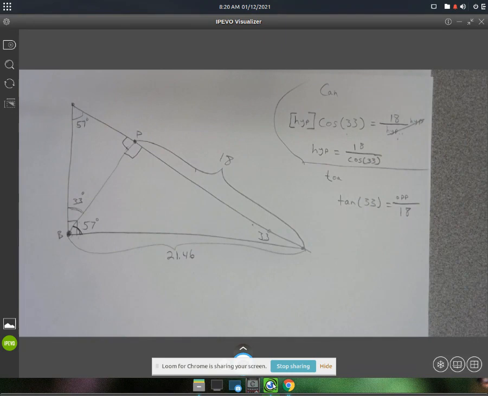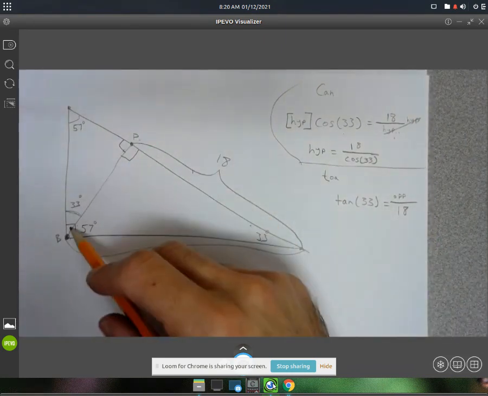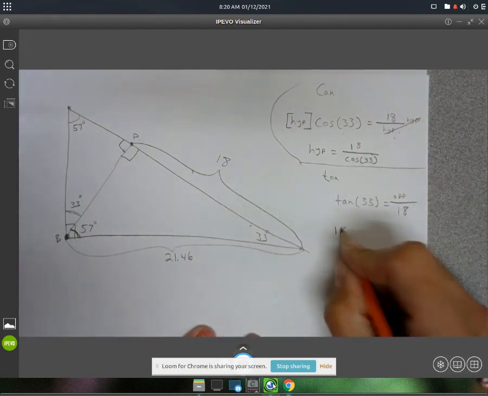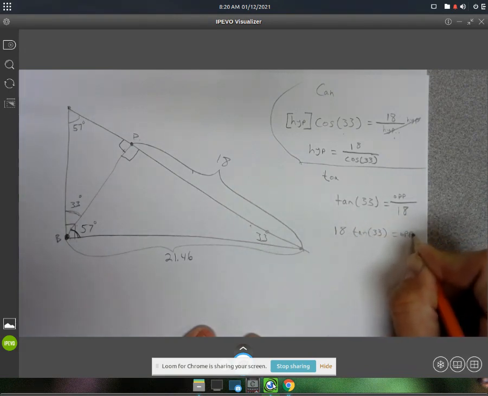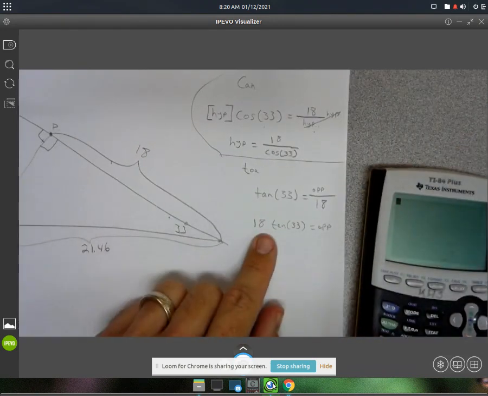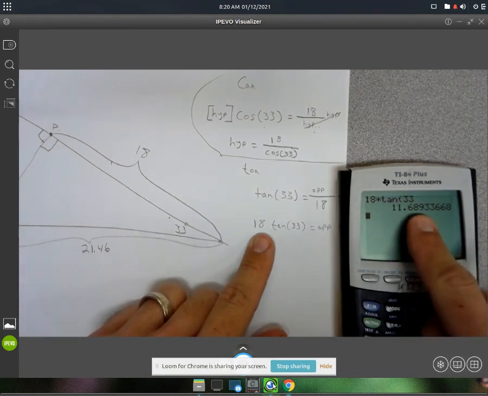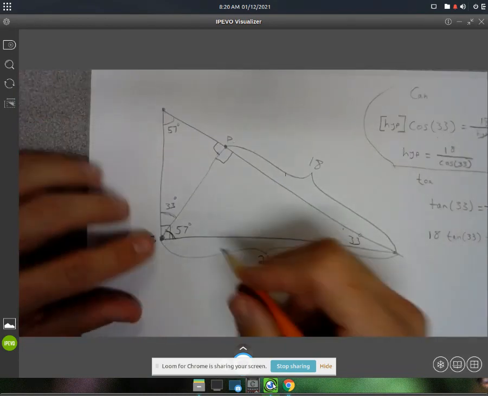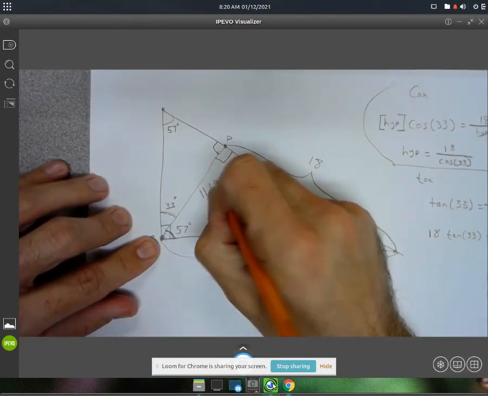To solve for my opposite, just in this medium triangle, multiply through by 18, and you're going to get 18 tan 33 equal to the opposite. As an actual number, 18 times tan of 33 is 11.69. So this segment here is 11.69.